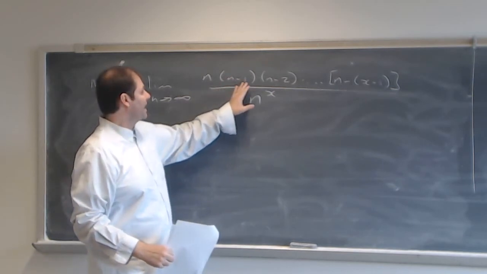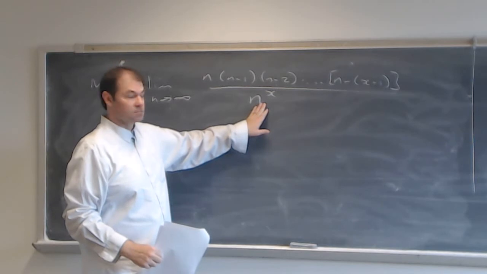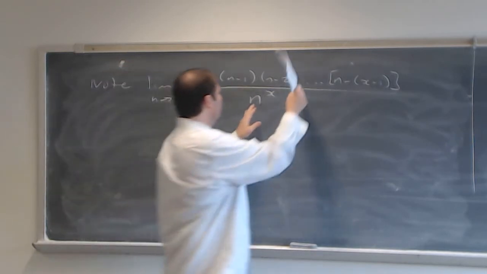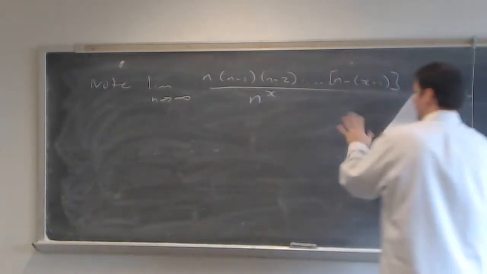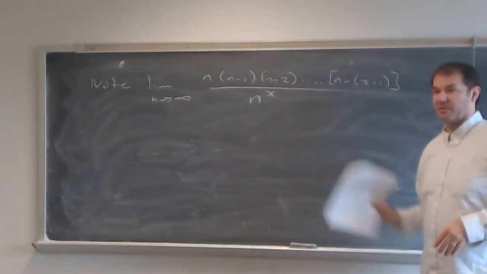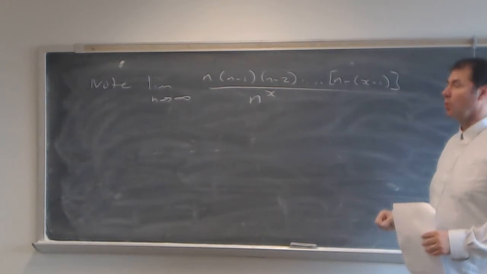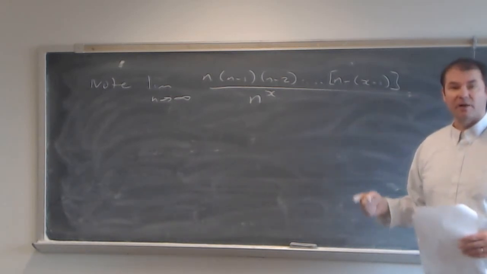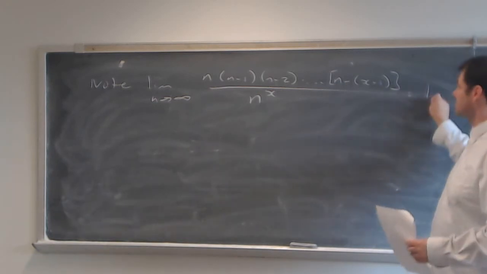When you look at n minus 1 over one of the n's here, and take the limit as n goes to infinity, that's going to be equal to 1. So each factor over one of the n's down here, and they have the same number of factors in the top and the bottom, when you take that limit, you just get 1. And so here, if you say that the limit of a product is the product of the limits, which is a true fact, you just get 1.